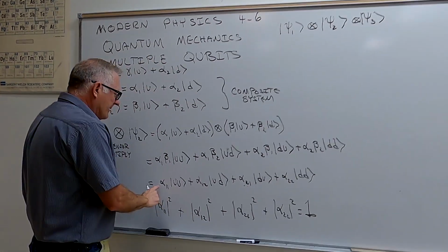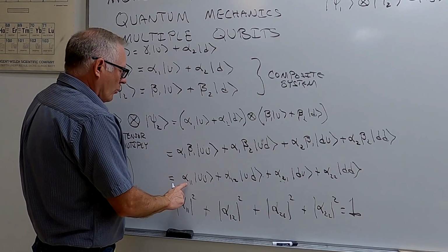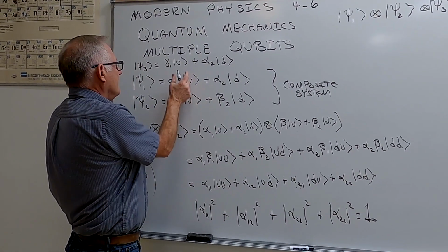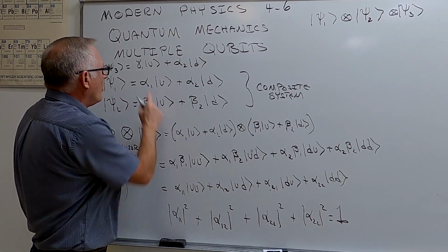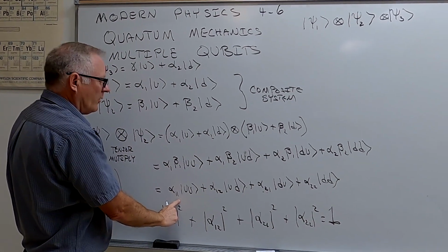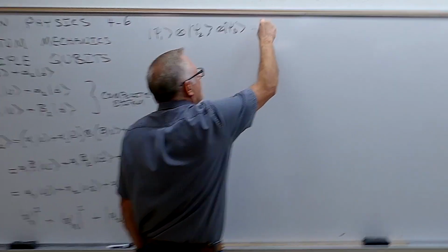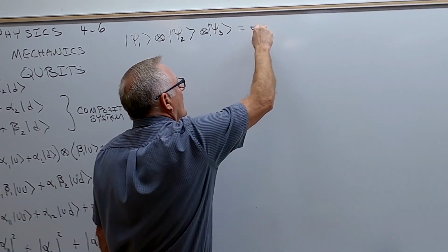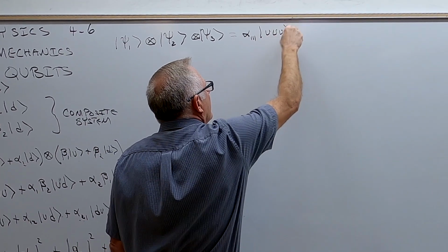When I multiply this by that right there, I'm going to get an alpha 1,1,1 up, up, up. Sorry, alpha 1,1,1, I'm going to have 3 indices.